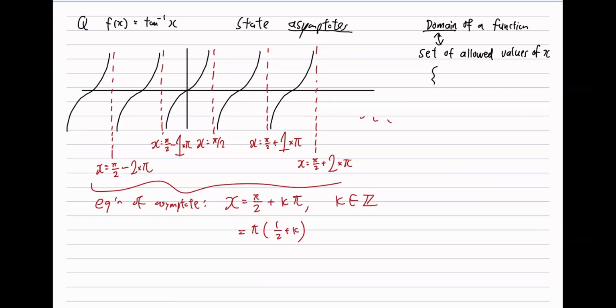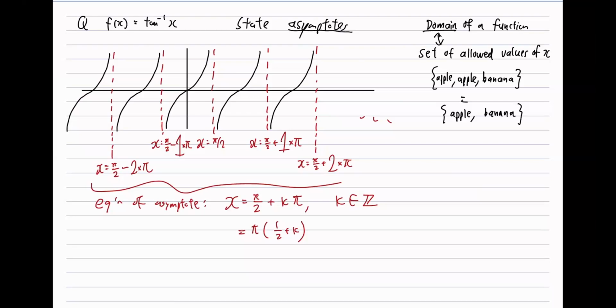A set is like this. It could be apple, banana. But for a set, there's one key criterion, which is that repetitions are not considered. So if apple appears 2 times, it's equivalent to apple, banana. These two sets are equal. Does it make sense? Okay.